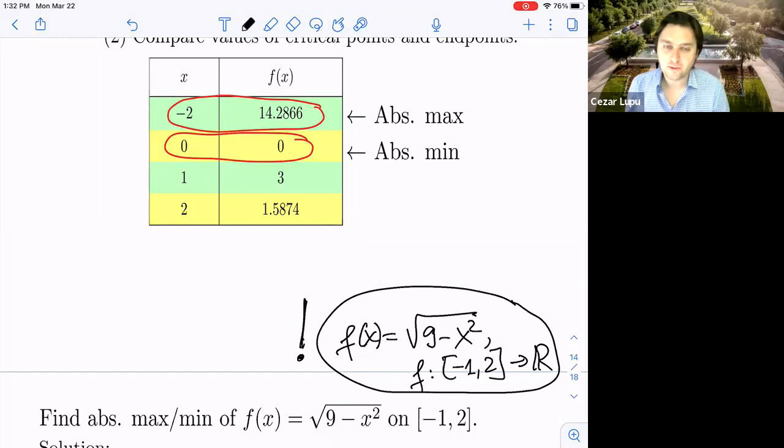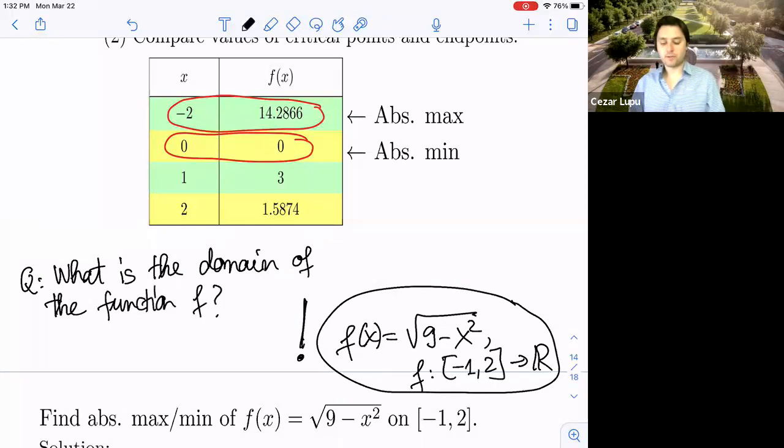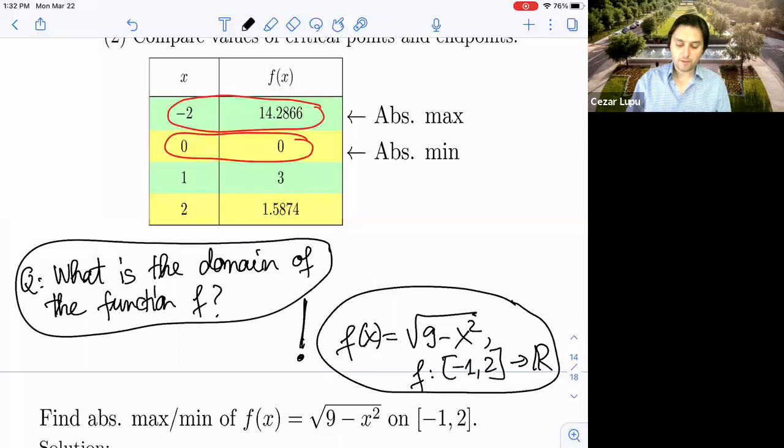Maybe you should include those numbers, 3. Excellent. You would like to include them as well, right? Because the quantity, I say it's non-negative, not strictly positive. All right, so the first question we need to address is, what is the domain of the function f?